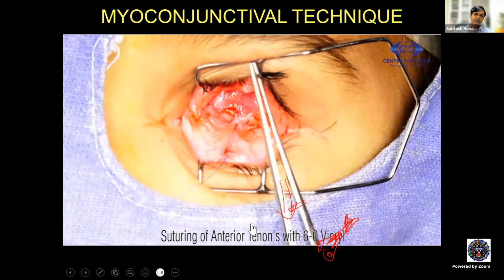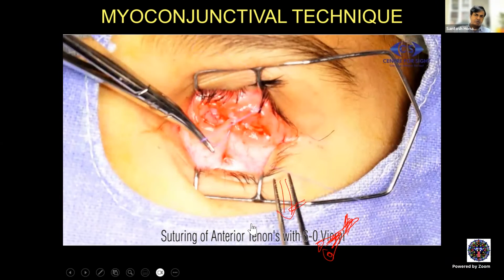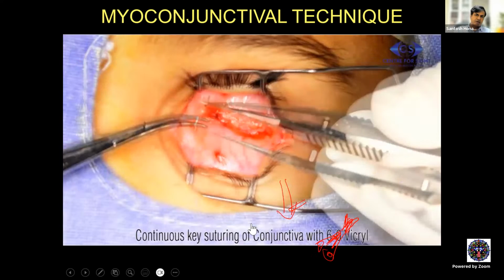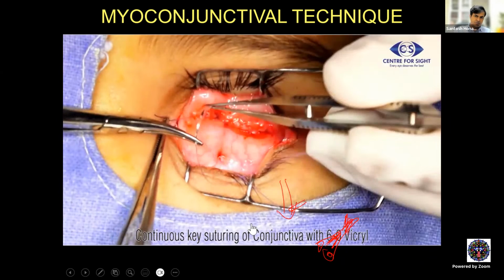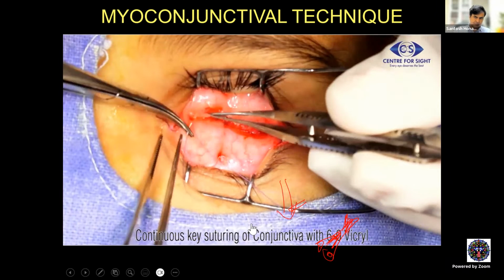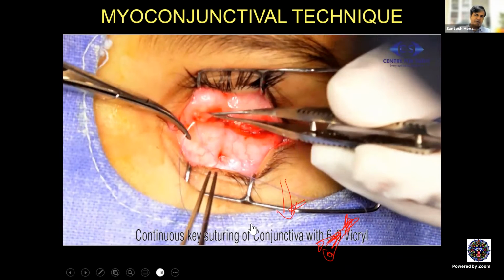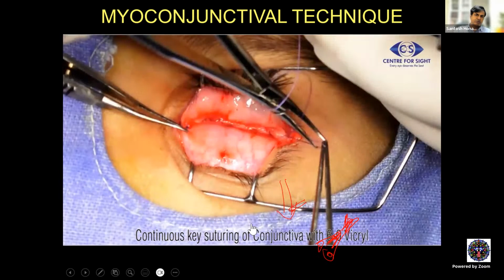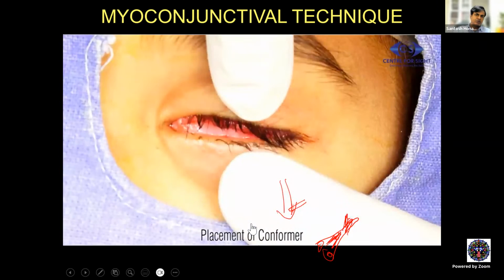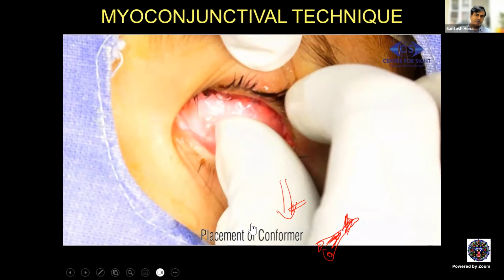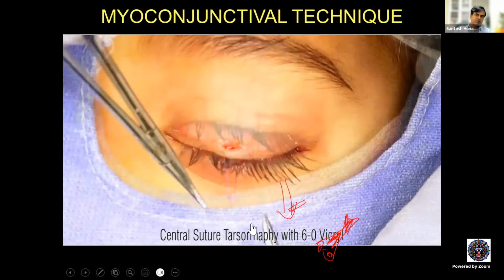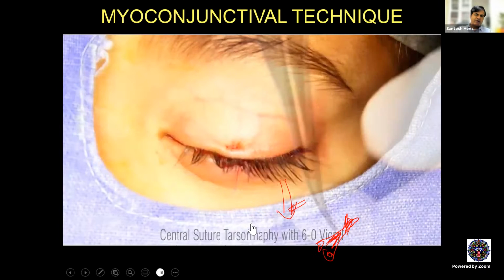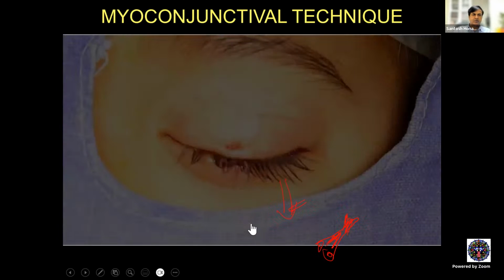Then finally, anterior tenons, thick juicy bites of anterior tenons are sutured with multiple vicryl sutures with minimal gap. Then finally, conjunctival suture, which is a key pattern suture, just like the suture that you use for a limbal-based trabeculectomy. Conformer, 26 millimeter, or any snugly fitting conformer, and a suture tarsorrhaphy. That completes the process. So all these steps are very important.